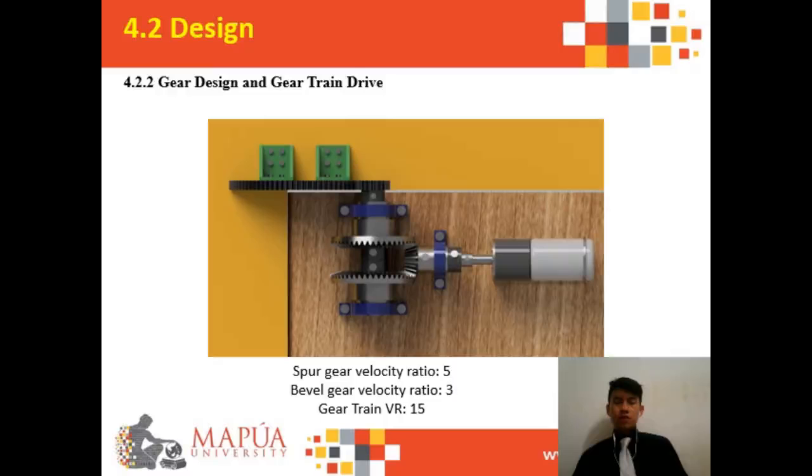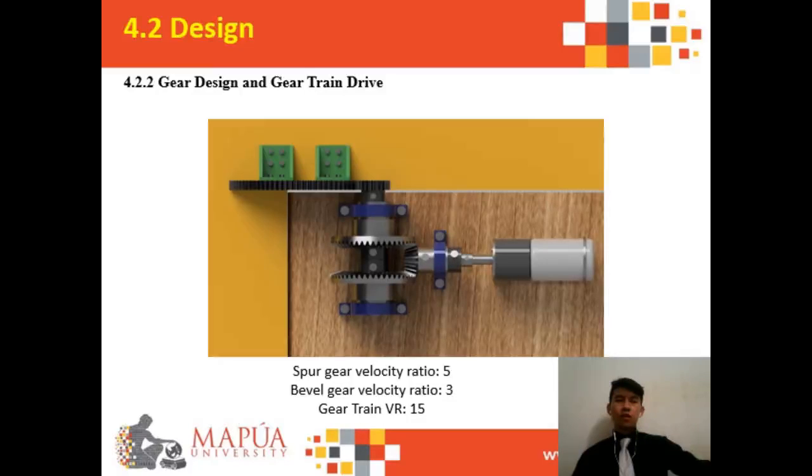And for the bevel gears, the bevel gear has 48 teeth, and the bevel pinion has 16 teeth, and they are 20 degrees involute bevel gears. And each face width of these bevel gears is 0.42 inches.